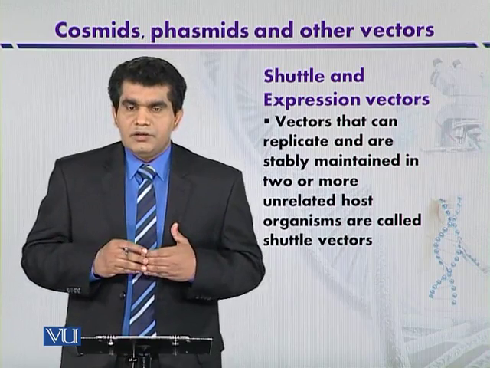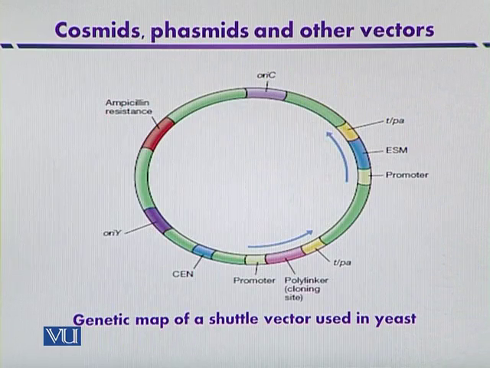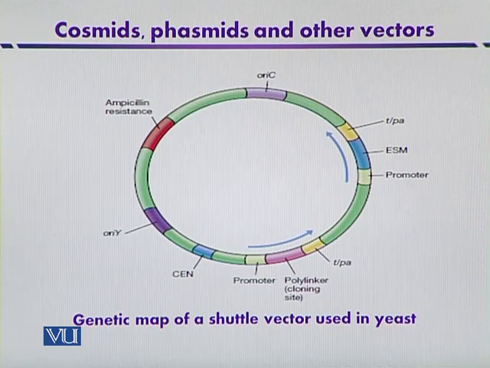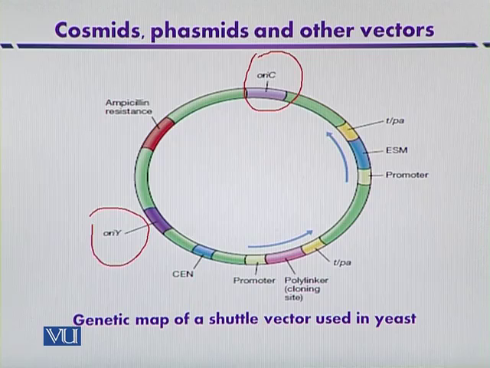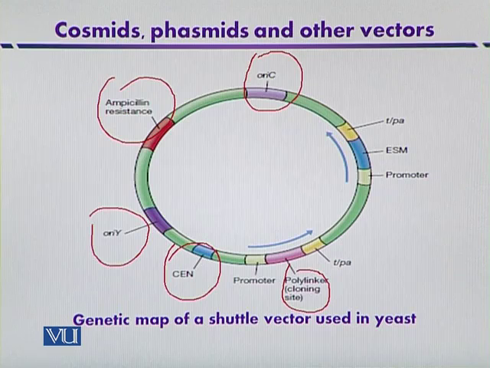coli and the yeast. This diagram indicates the genetic map of a shuttle vector that is used for yeast. As I told you, it contains two origins of replication, one for the bacteria and the other from the yeast. And then the ampicillin resistance gene, and also the centromere that plays a role in the replication of the DNA, and the polylinker cloning site where foreign DNA can be inserted, and then some selectable marker for the yeast.